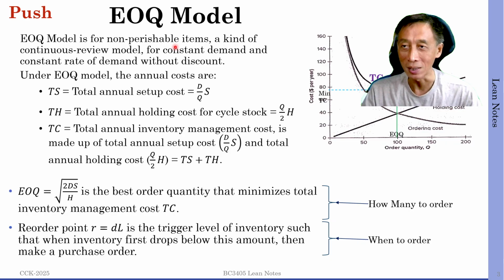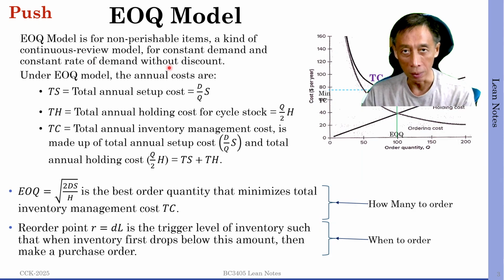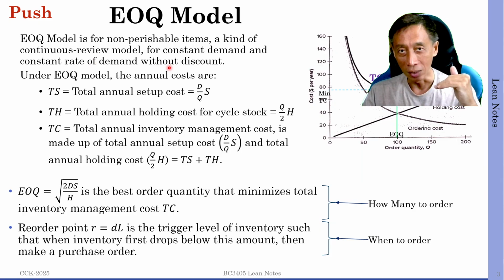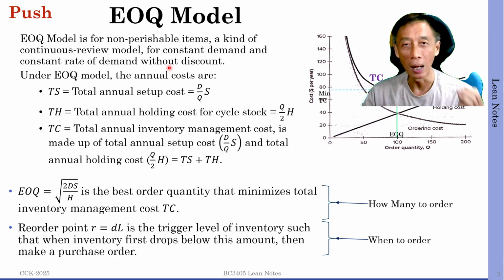So continuous review and periodic review are all for non-perishable items. EOQ is a kind of continuous review that further assumes a constant rate of demand. That means every day, the same or different customers will buy exactly 20 tires. Of course, this is not realistic, but it makes all the calculations and formula derivations very simple and very dependable.